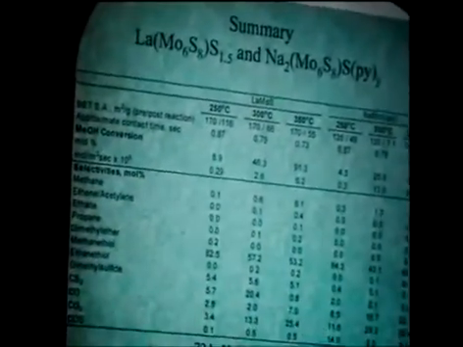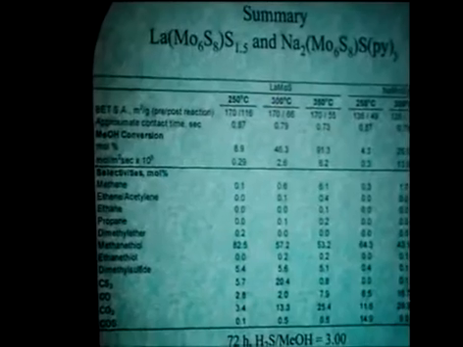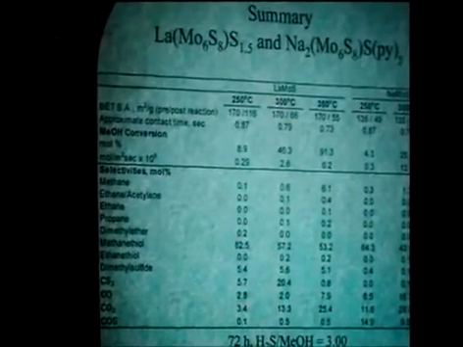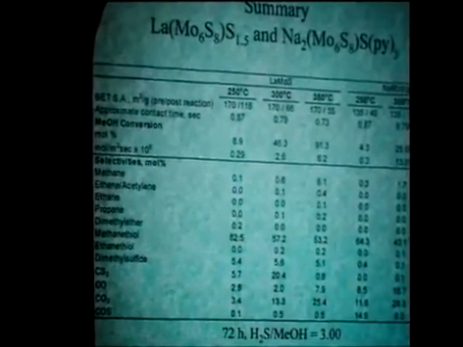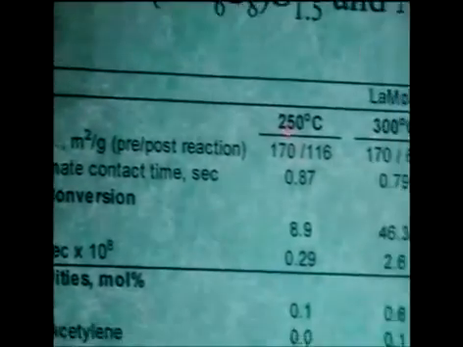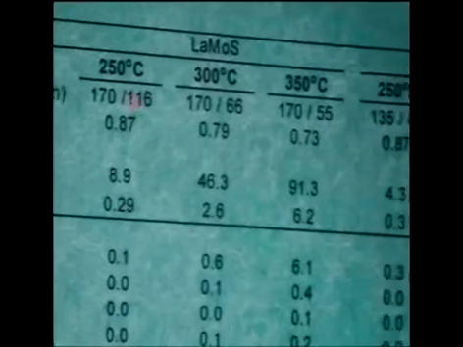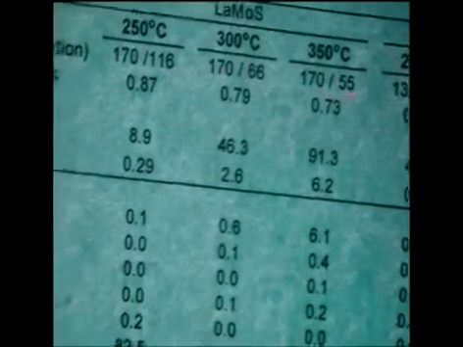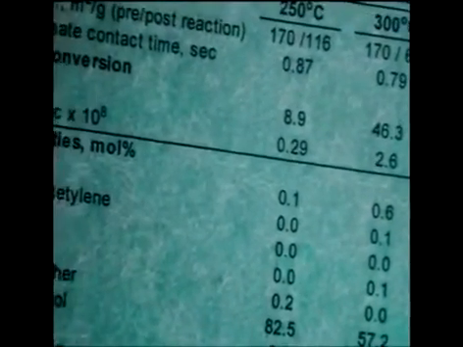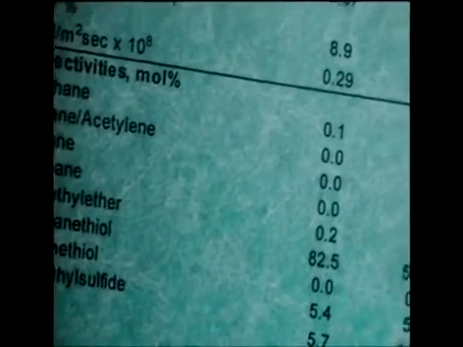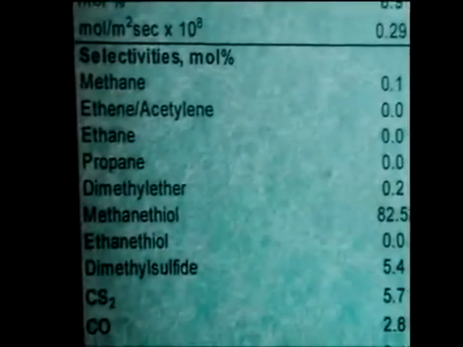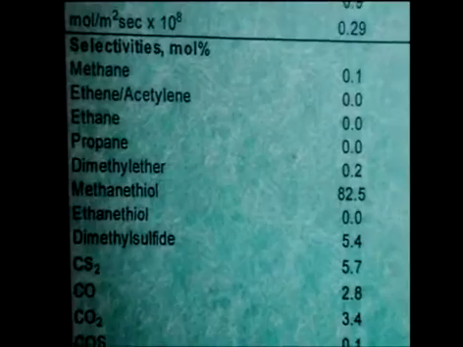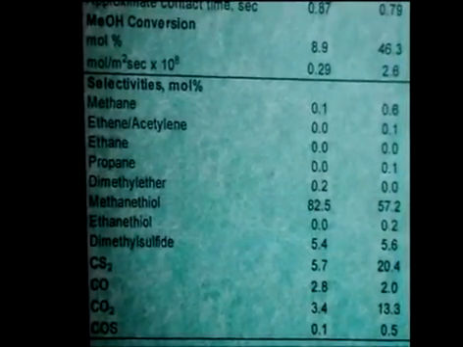So this table summarizes the last 4 slides of those experiments versus temperature. What I want to point out here is a couple of things. First of all, as we increase the temperature from 250, 300, 350, we lose more and more of the surface area of the starting catalyst. So we'd like to find a way, if we could, to stay at a lower temperature to maintain higher stability in these catalysts.